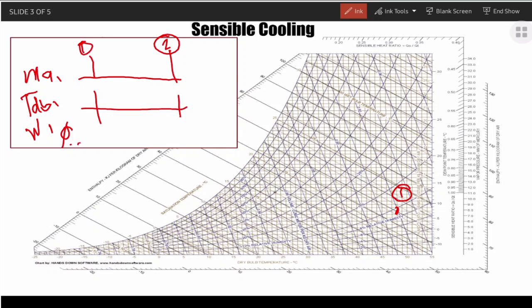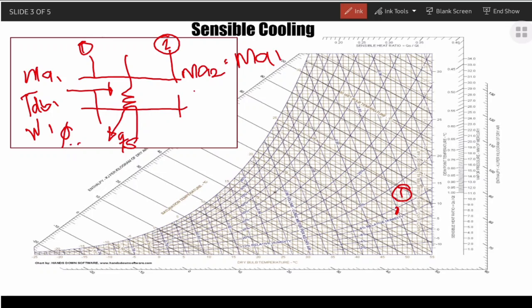Then we have a cooling coil within the system. The air encounters the cooling coil and the heat is thrown out, but only to the extent that only QS, or the sensible heat, has been removed, such that as it exits at point 2, the mass of air 2 is just equal to mass of air 1, since we have a conservation of mass.